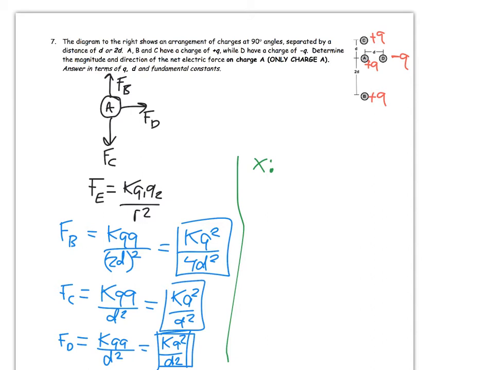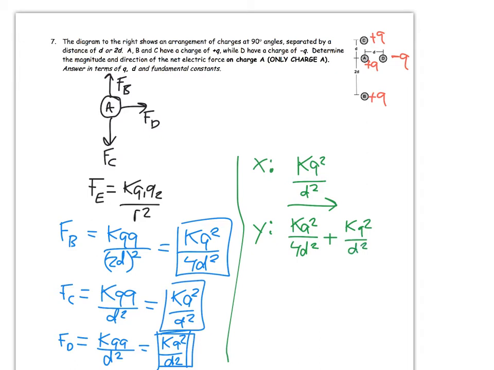So in the x direction, we just have FD, which is kQ squared over D squared, and that's going to be going to the right. In the y direction, we're going to have FB going up, so that's kQ squared over 4D squared. And then we're going to have force of C going down, so kQ squared over D squared.